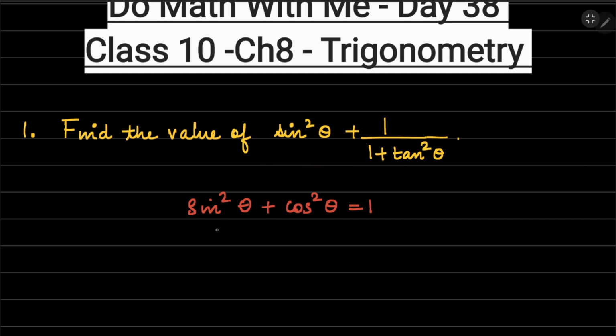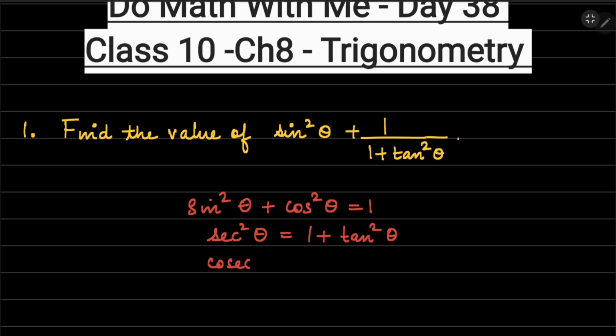The other identity is secant square theta is equal to 1 plus tan square theta. This is another identity. So in case you are asked secant in terms of tan or tan in terms of secant, you should be able to write the same, right? And the next one is cosecant square theta is equal to 1 plus cot square theta. So in case you have to convert cosecant to cot or cot to cosecant, then these are the different identities which will be helpful.